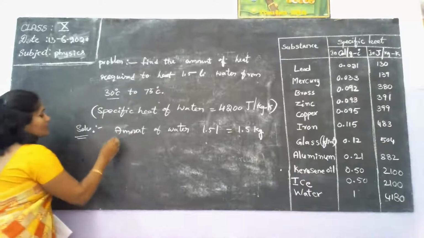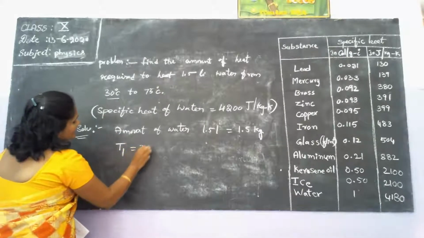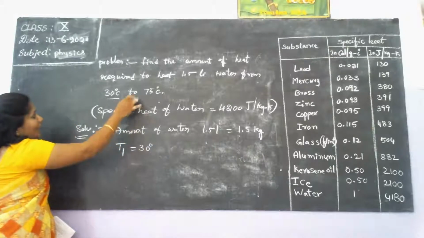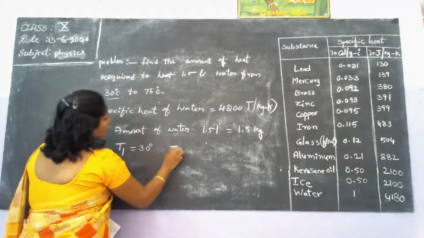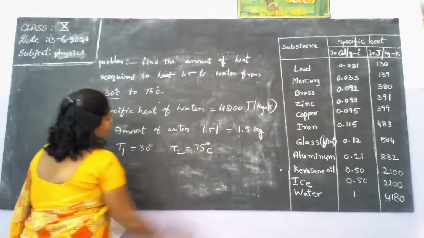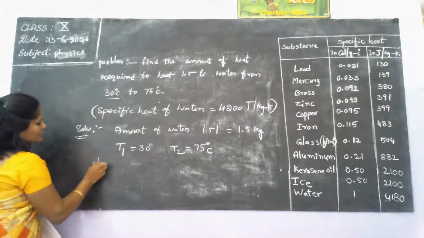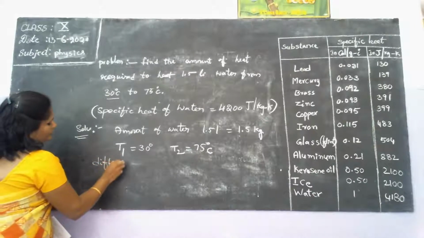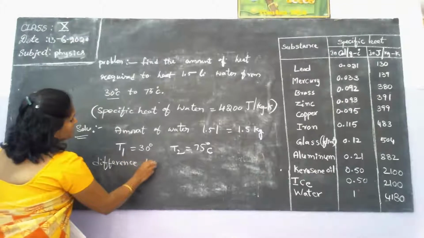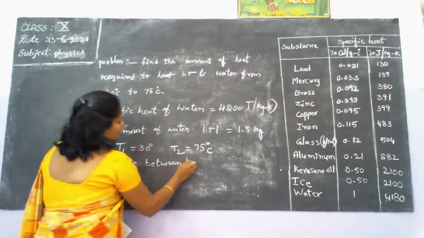Again, the first temperature we take as T1, 30 degrees Celsius, and the second temperature T2, 75 degrees Celsius. What is the difference between the temperatures?